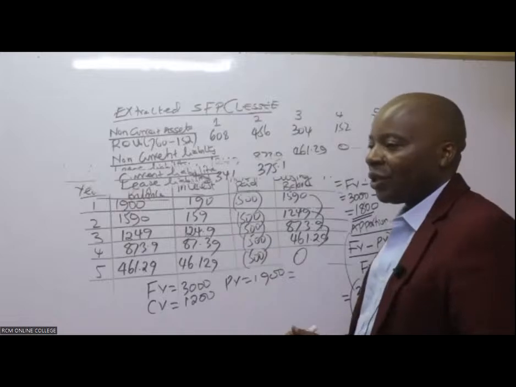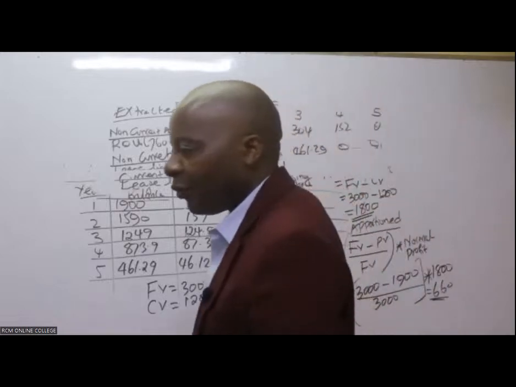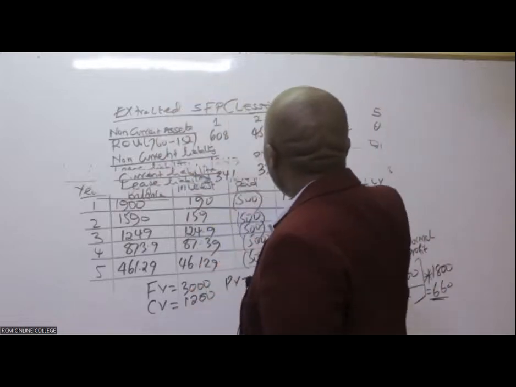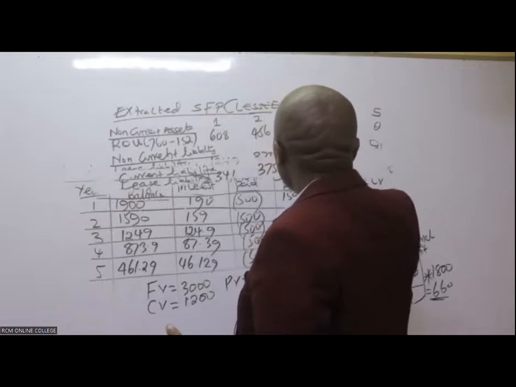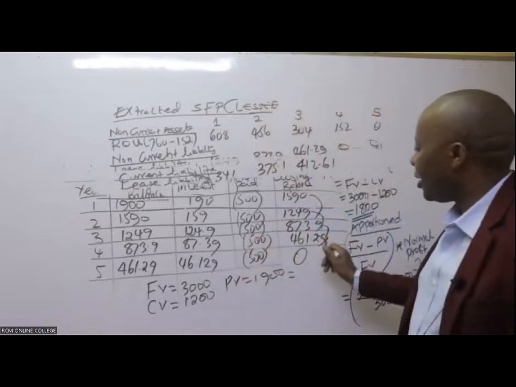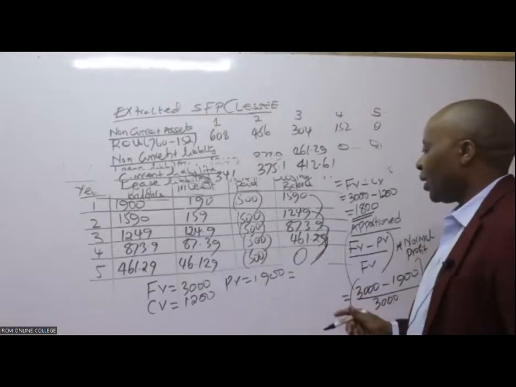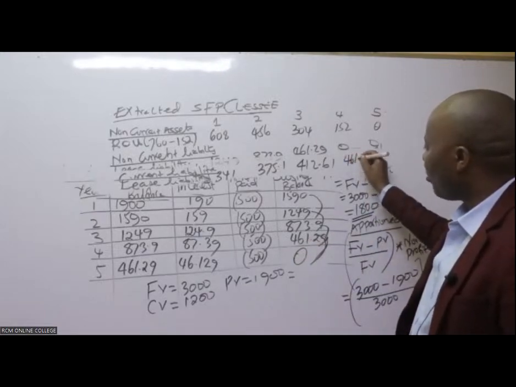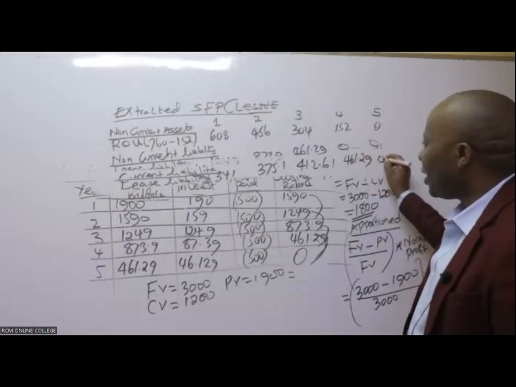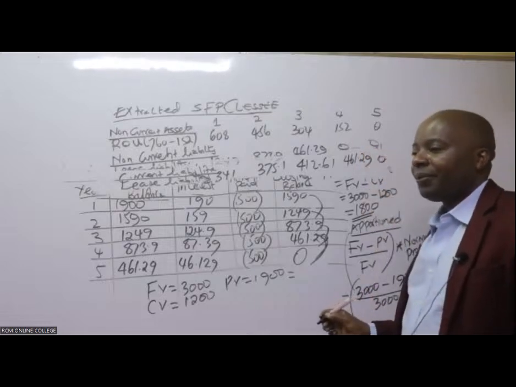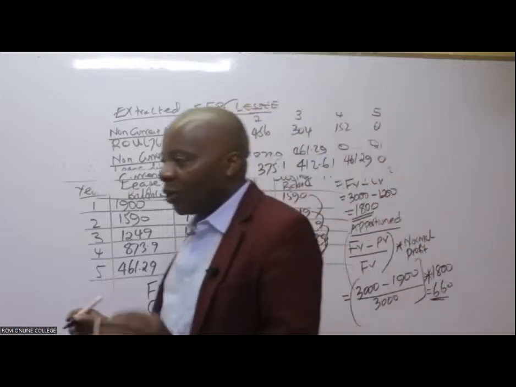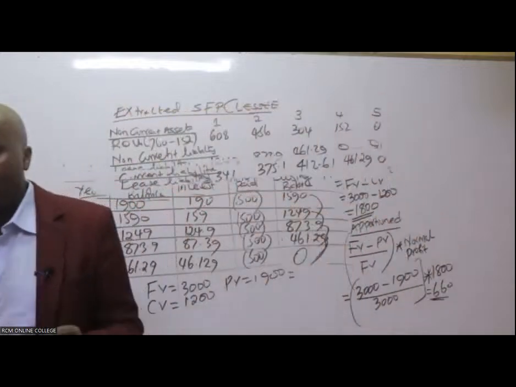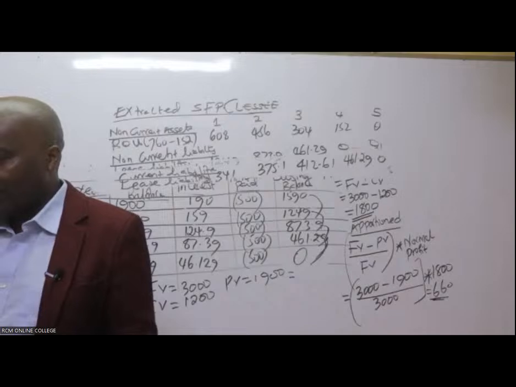What do we have there, ladies and gentlemen? 412.61. And then, of course, the last ACK is this one here. This one minus this one gives me 461.29. And then, of course, we have a 0 like that. Are we together up to here?